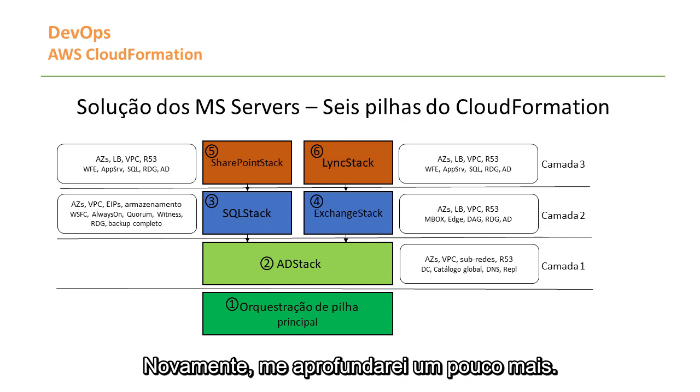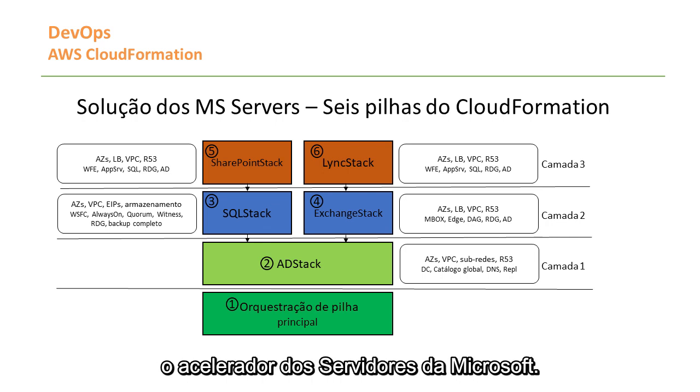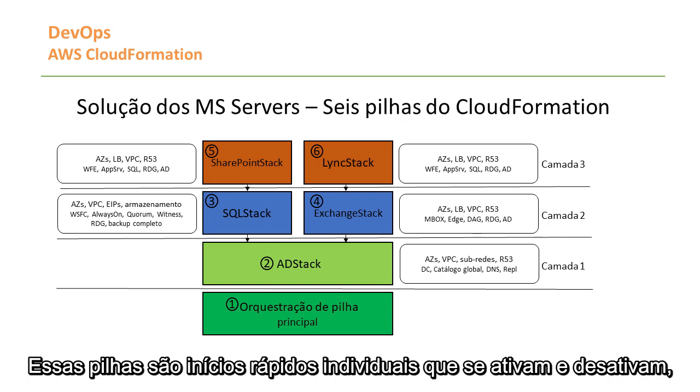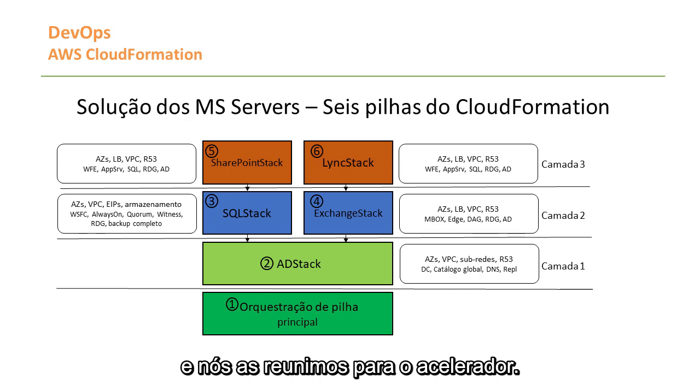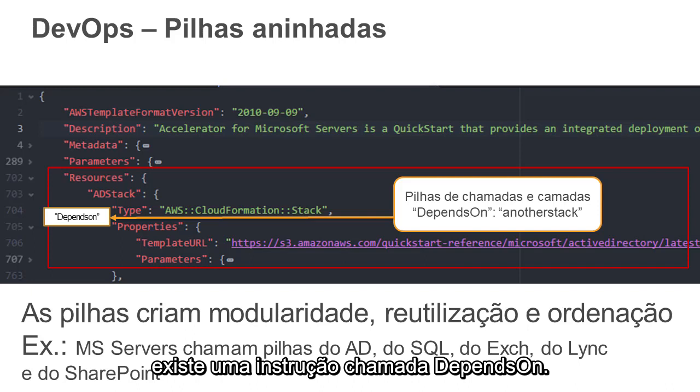Okay, so again, I'm peeling back the onion a bit deeper, and these six layers are how we've organized the Microsoft Servers Accelerator. Each of these stacks are individual Quick Starts in and of themselves, which we've just tied together for the accelerator. If you want to look at what this looks like, we have a statement called DependsOn.